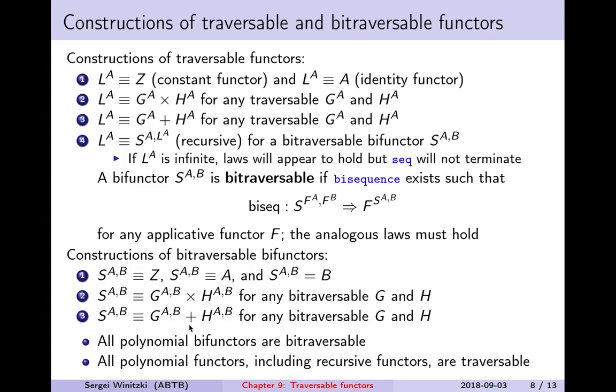And you can go on, you can define a bifunctor by recursion using a trifunctor in the same way. You can say S A B is equal to some T of A, B, S A B, where T X Y Z is a trifunctor.